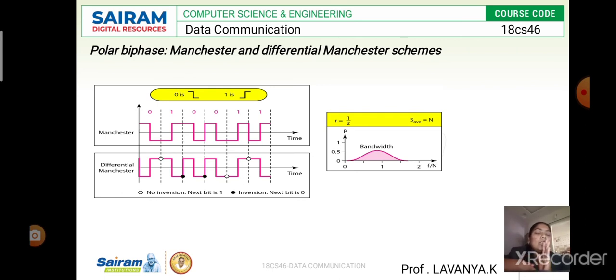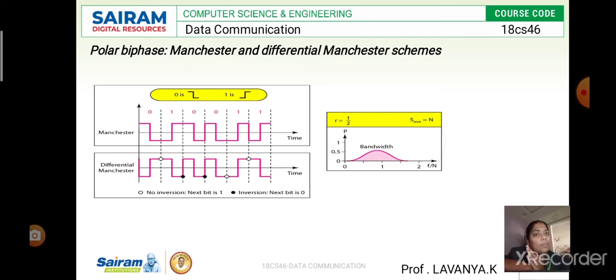So this is what I said, the differential Manchester is a combination of RZ as well as NRZ-I. Until the next bit is 1, it won't change the current output. It keeps on carrying the previous bit's output until the next bit is 1.